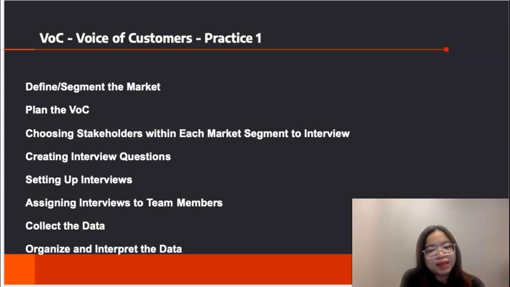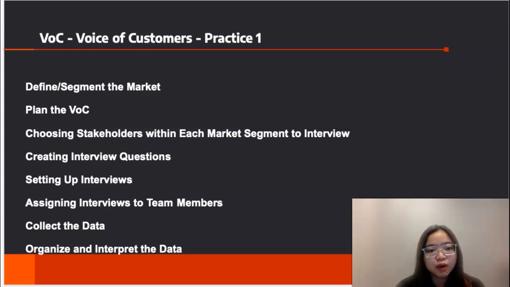So next up, they're gonna plan the VoC. So the team is gonna focus on collecting proactive VoC data, since no reactive VoC data was collected. But if they do collect the reactive VoC data, that could be very helpful as well.